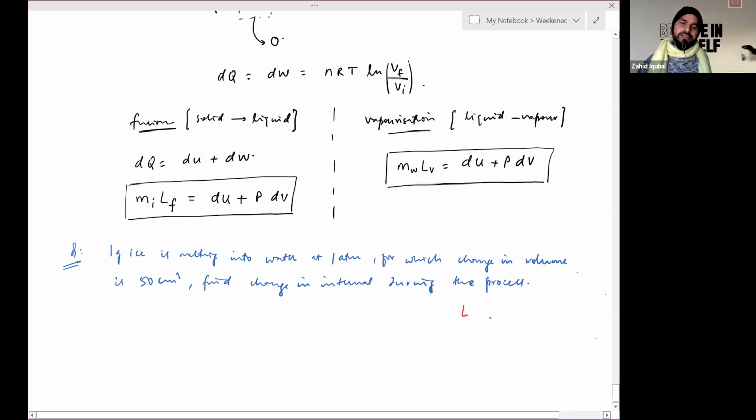The latent heat of fusion constant for ice is 80 calorie per gram, and 1 calorie equals 4.2 joule. So first try to calculate the energy in terms of calorie and then convert it into joule. Put all the values in the above equation and try to find it.